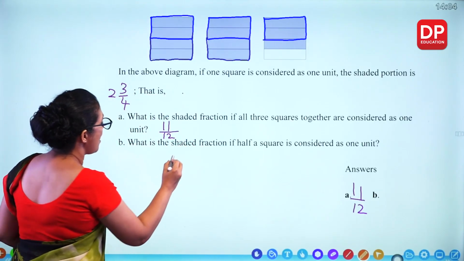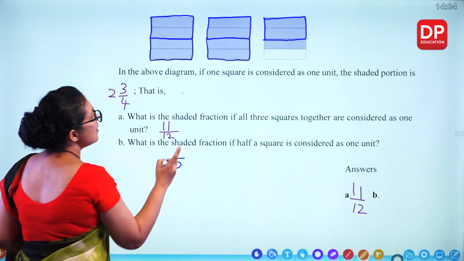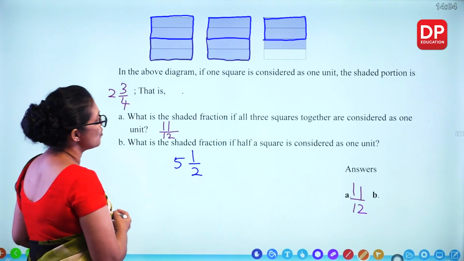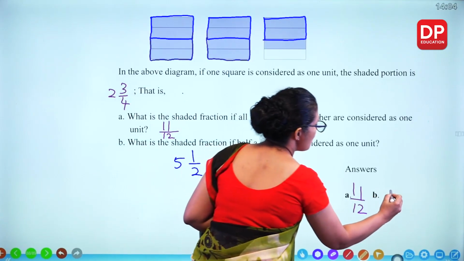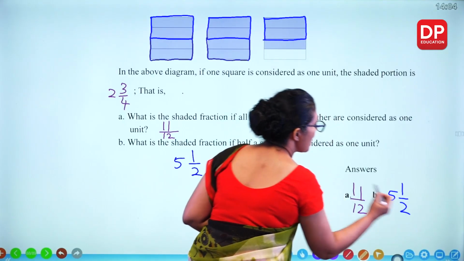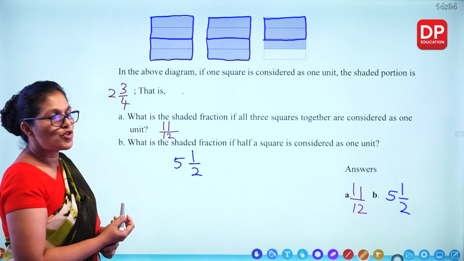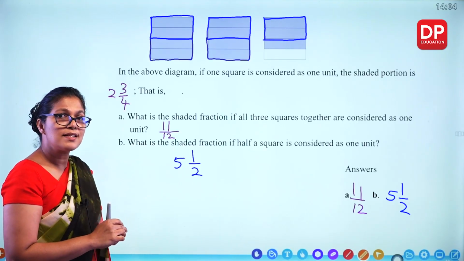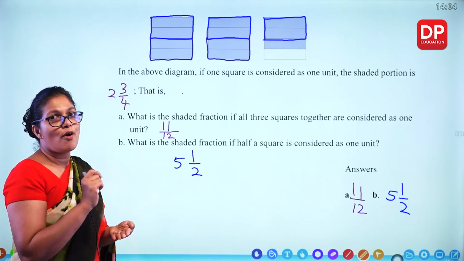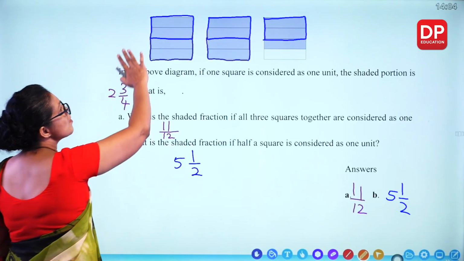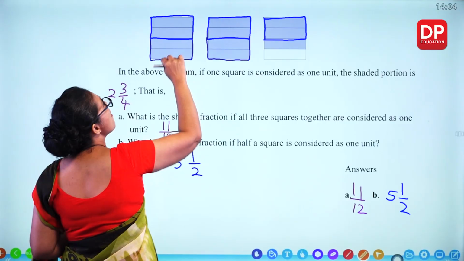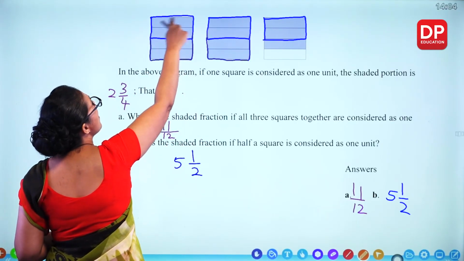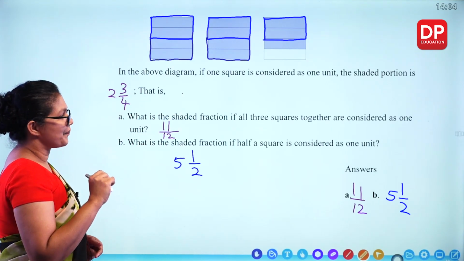So 5 parts and half of it. 5 and a half. What's the fraction? 5 and a half, or you can write as 11/2 as an improper fraction. When you consider fractions, the whole part is important. So if this is the whole part, the number of parts are different compared to when you take two parts as one unit.